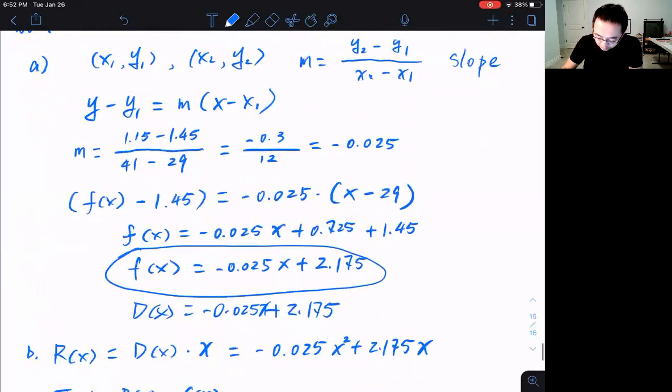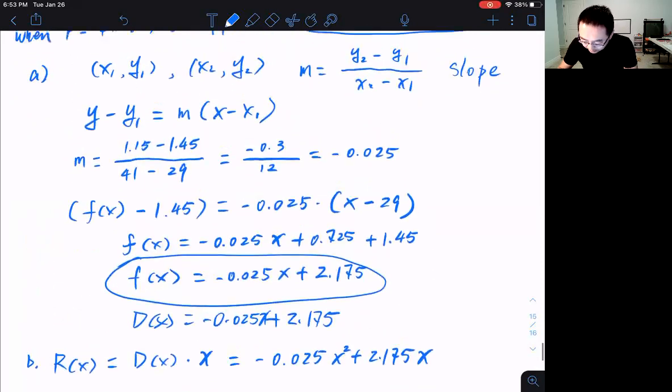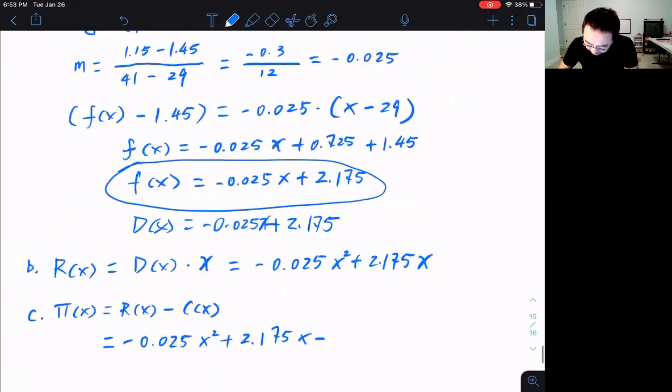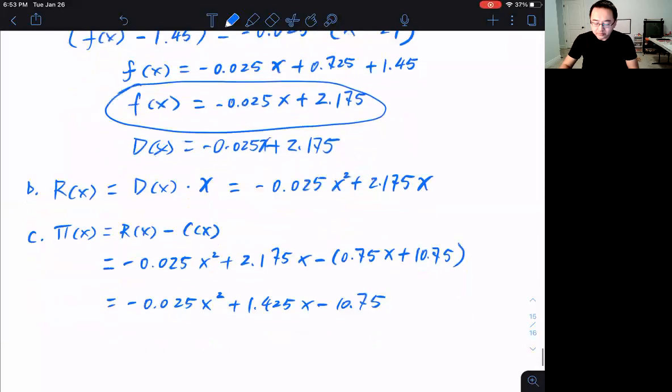So you just subtract these two equations: negative 0.025x squared plus 2.175x minus 0.75x plus 10.75, and if you do the math, this will eventually equal negative 0.025x squared plus 1.425x minus 10.75.